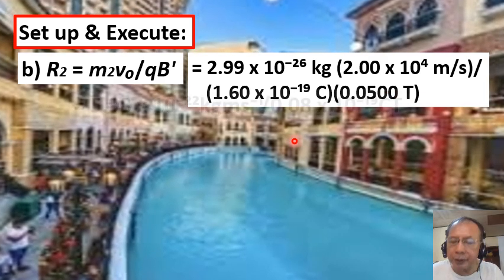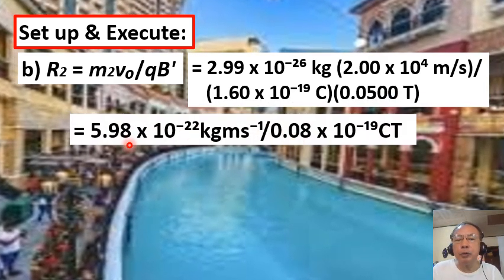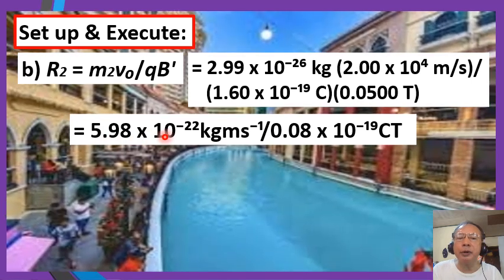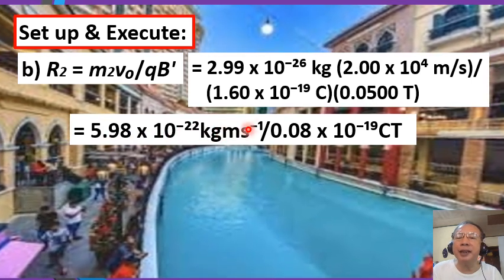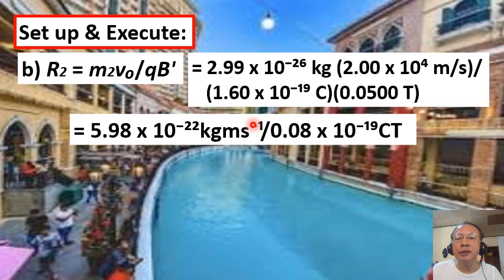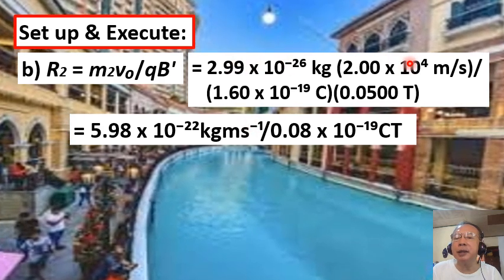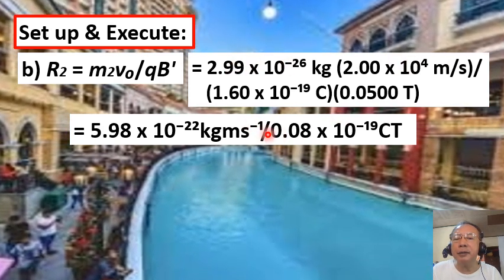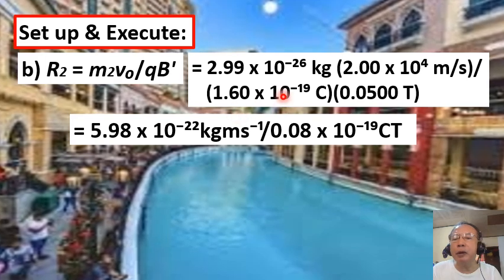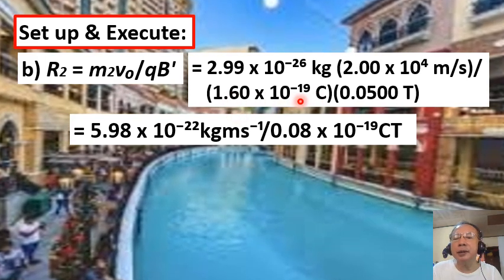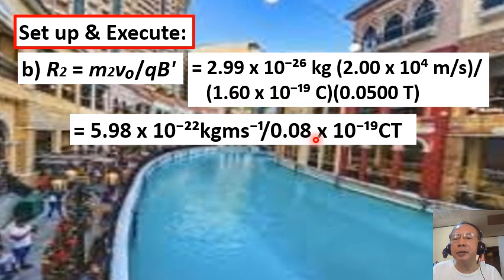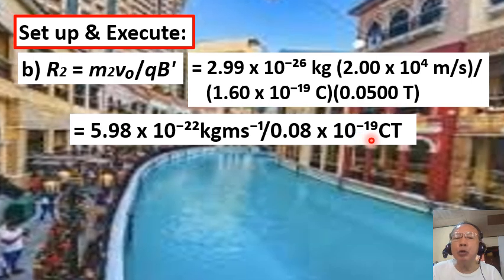So again, simplifying, we get this 5.98 raised to the negative 22 kilogram meter per second. That is the result of multiplying the quantities in the numerator. And then the product of the quantities in the denominator, which is 0.08 raised to the negative 19 Coulomb Tesla.